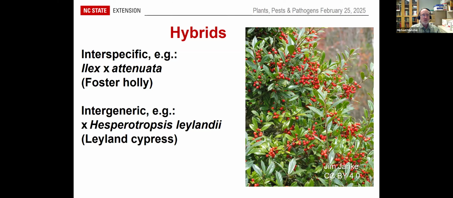If it's an intergeneric hybrid, so two different genera were crossed to get the plant, then that multiplication sign goes out in front of the genus. And our very common Leyland cypress is a case in point. The × Hesperotropsis leylandii, it is now called. But that multiplication sign does not, for example, enter into the alphabetization of the name. So don't go looking it up under X.